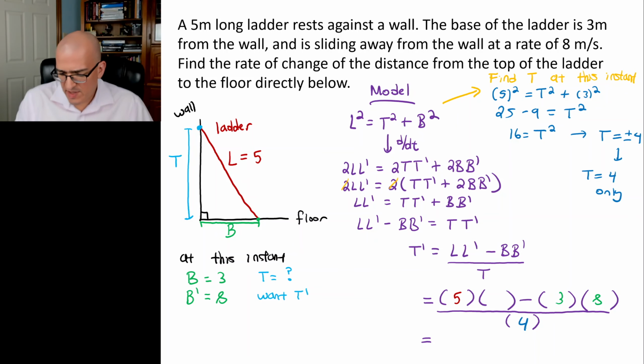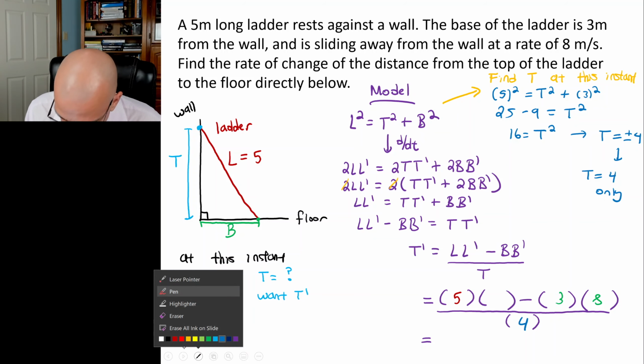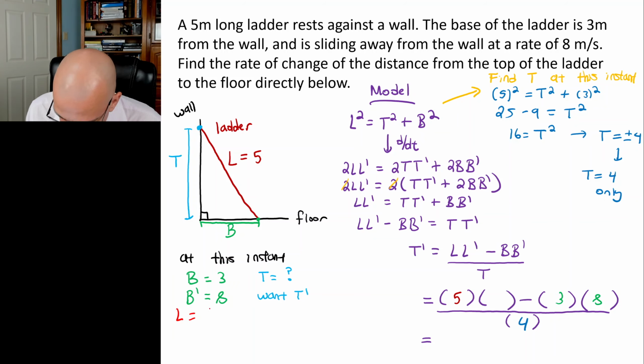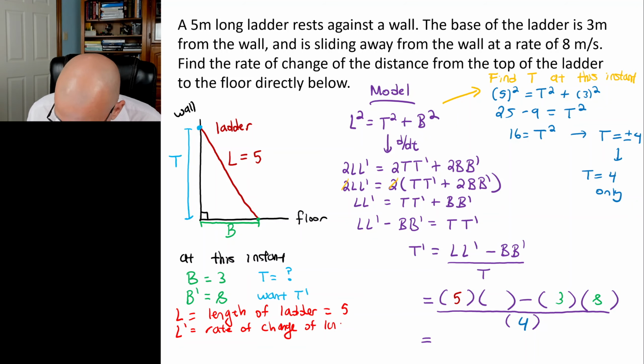Now we have one more hidden piece of information. What's L prime? And it isn't that hidden. L equals length of ladder. L prime equals rate of change of length of ladder, which is 0.